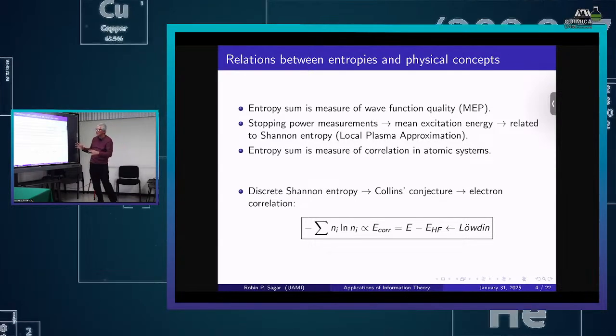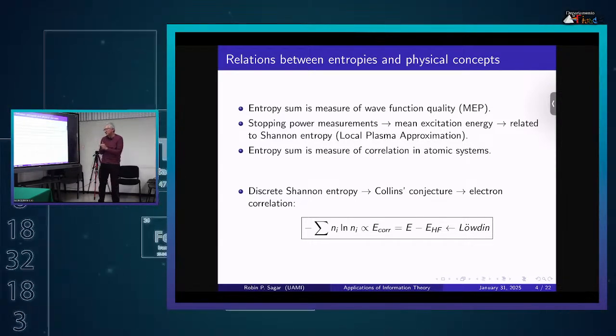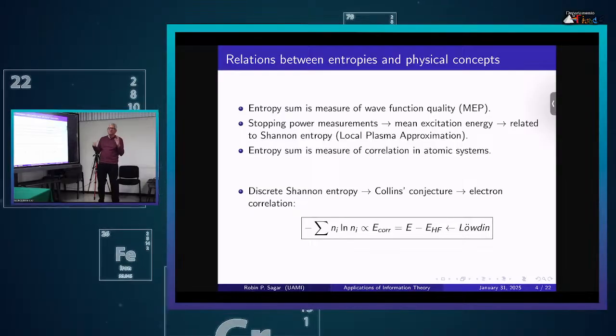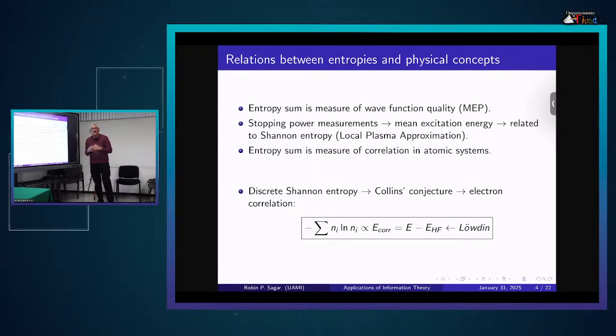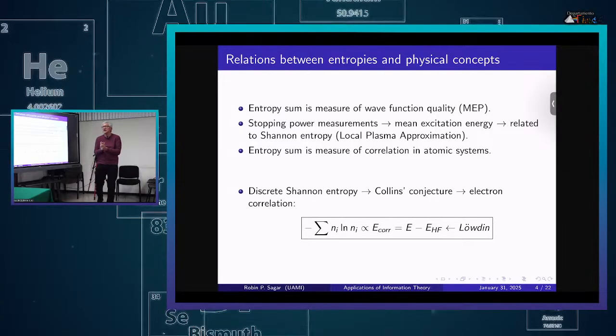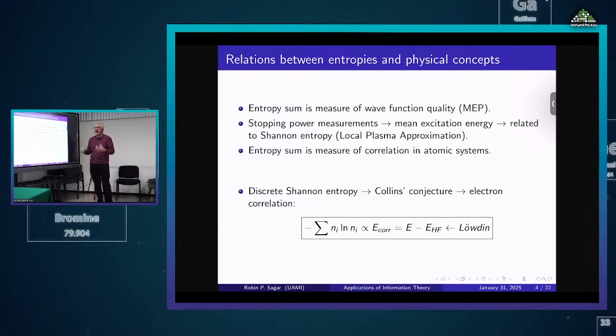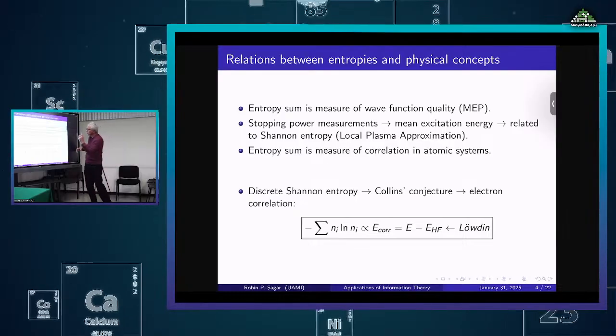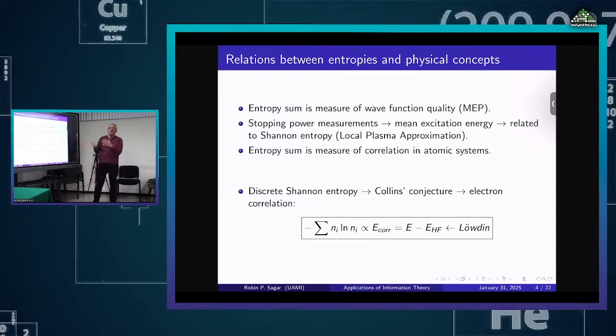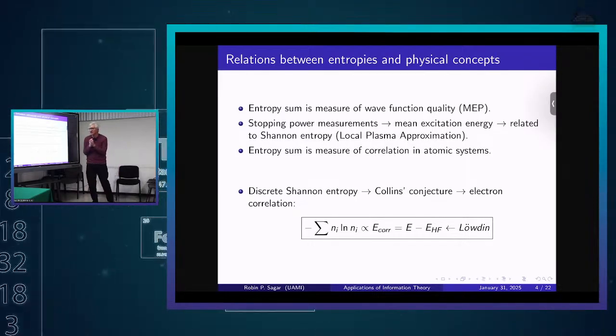Now, this correlation energy is the difference between the exact non-relativistic energy and the Hartree-Fock energy, and it was introduced in quantum chemistry to give us an idea of how good the approximate wave function is. I just ask you to remember that definition because I'd like to come back to it later on, okay?